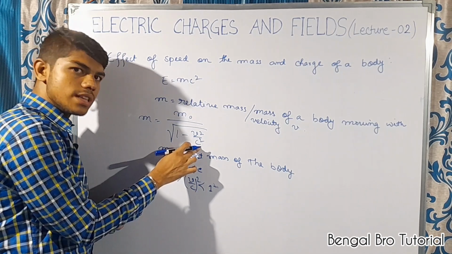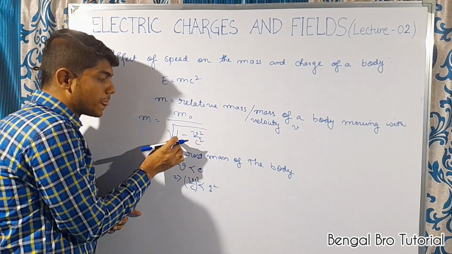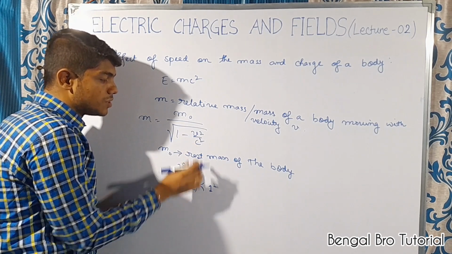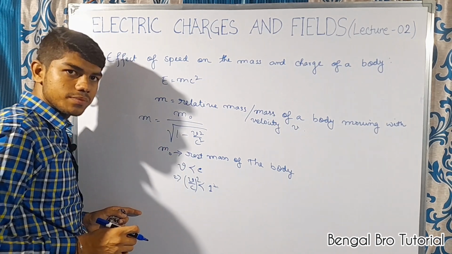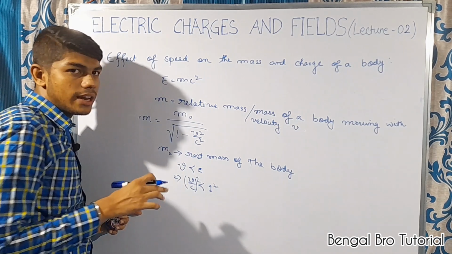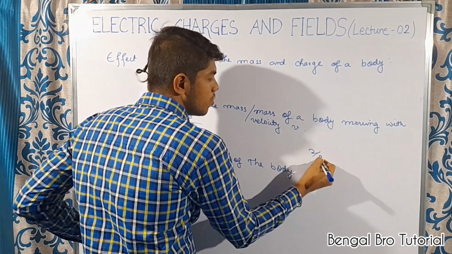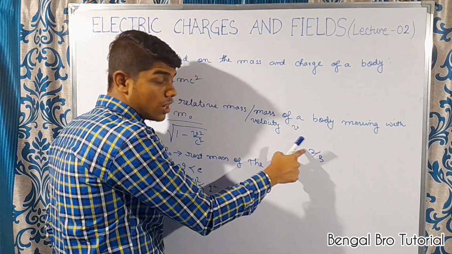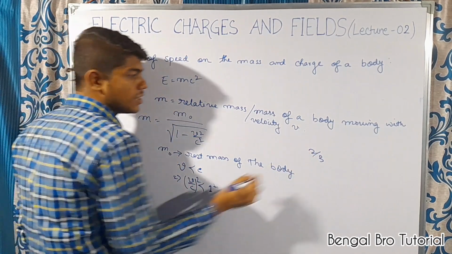So this value is less than 1. So if you are subtracting a value which is less than 1 from 1, you will get a like fraction. Like fraction means any value that is less than 1, right? Like fraction means 2 by 3 where the numerator is smaller than the denominator. So in this case you will always get a like fraction.